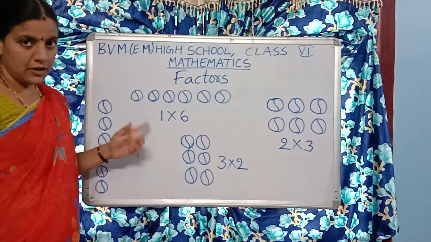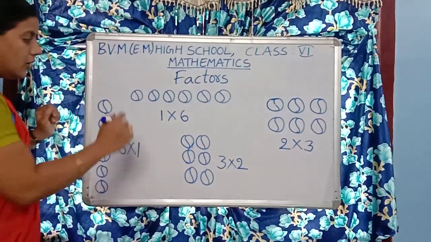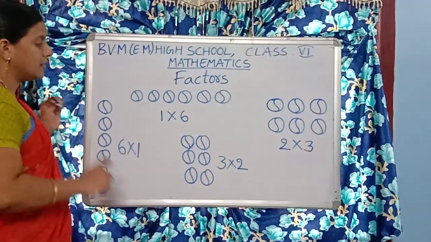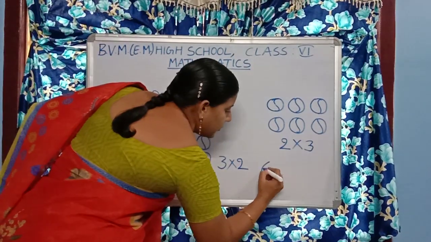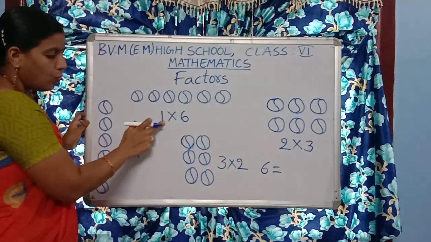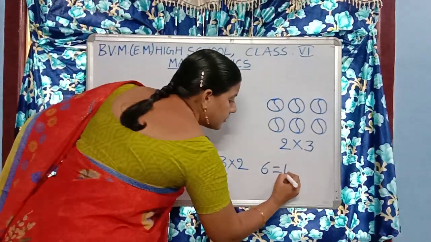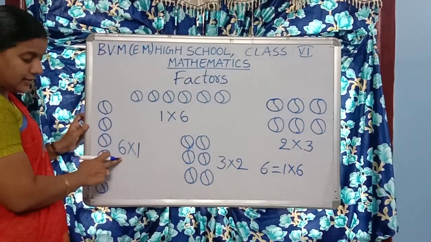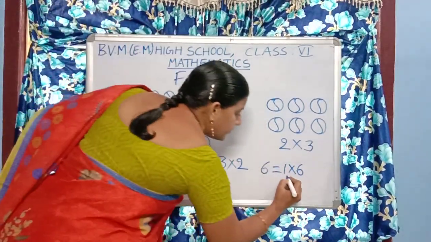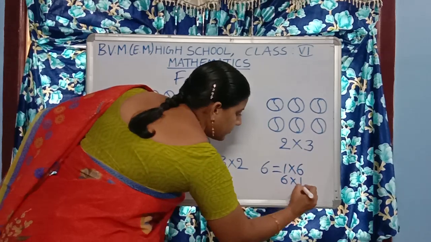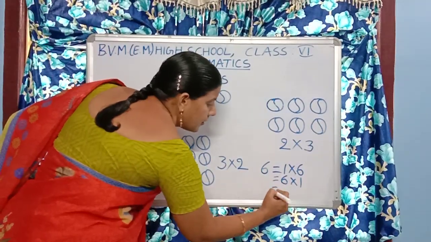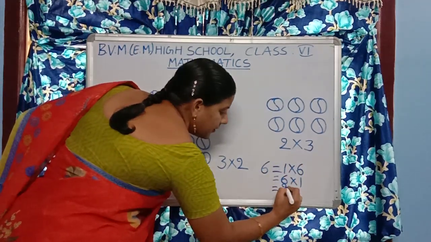When we observe this, look, 6 can be written as 1 into 6. Next, 6 into 1. Next, 2 into 3.